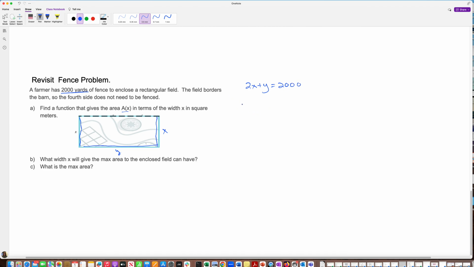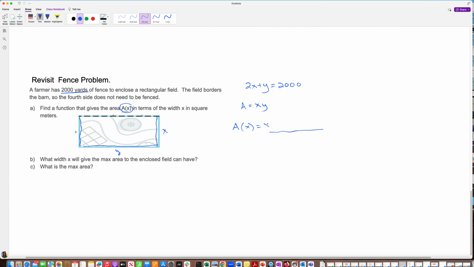Okay, what else do we know? We're asked to come up with a function for area. So I know that area of a rectangle, I'm going to use the same letters that we've used over here, is going to be x times y. But if I'm going to build a function for area, so A in terms of x, then that means whatever comes on this side of the function has to be in terms of x.